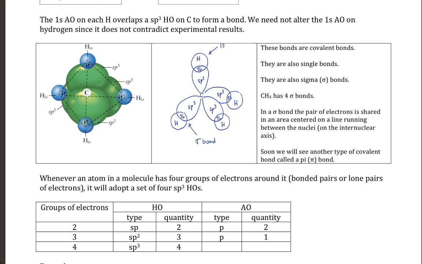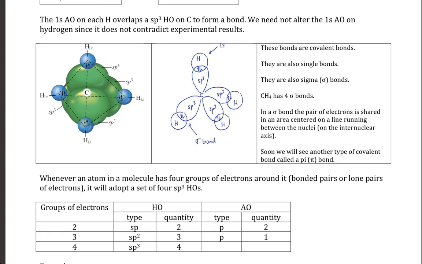So when we bring in hydrogen and its 1s atomic orbital, we just keep it a sphere because we can imagine a sphere overlapping nicely with any shape. Alrighty, so in the green and blue on the left there, we have a picture of what the CH4 molecule would look like, where the green balloons represent the hybrid orbitals on carbon. Their big lobe, the small lobes kind of get lost in the picture.